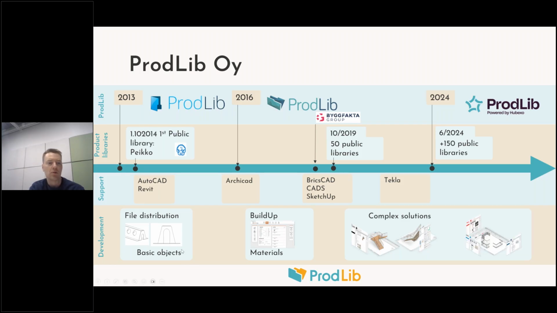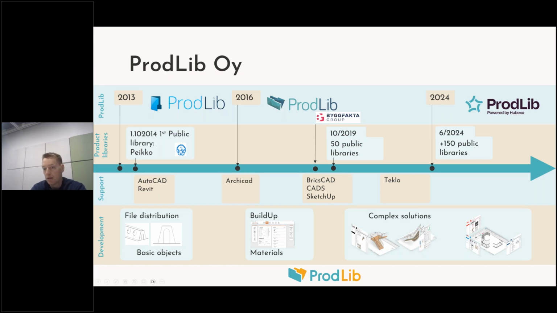And on the bottom, basically, how we've developed the service itself. We started pretty much by creating Revit content and sharing it, as well as AutoCAD or CAD content. And over the years, we started to develop functionalities like Build Up, which enables creation of walls, floors, and roofs based on real materials. I'll show that a bit later on.